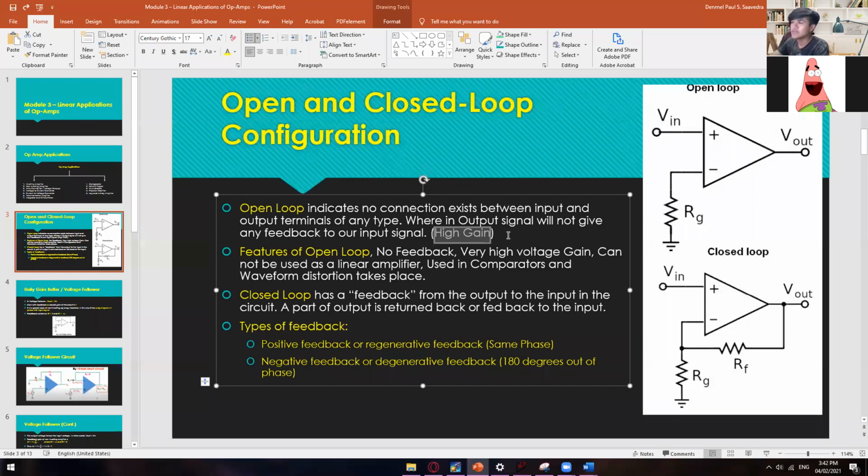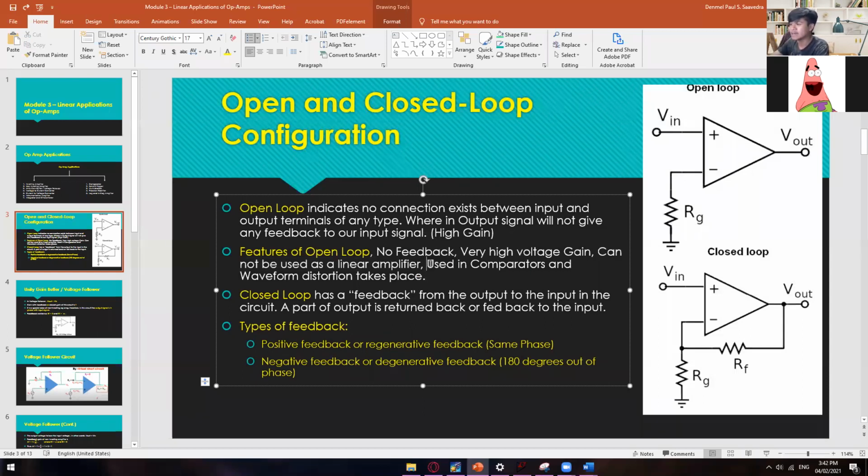But then again, this one is unusable in the real world, because having too high a gain is uncontrollable and not stable. That is why we have the closed loop configuration. Anyway, before the closed loop, here are the features of open loop. It has no feedback and very high voltage gain, and it cannot be used as a linear amplifier because of its super high gain.